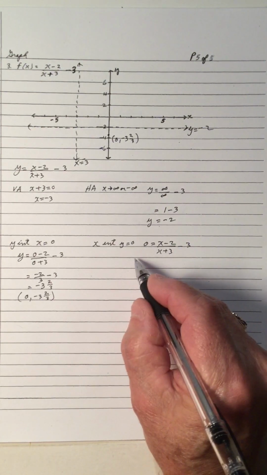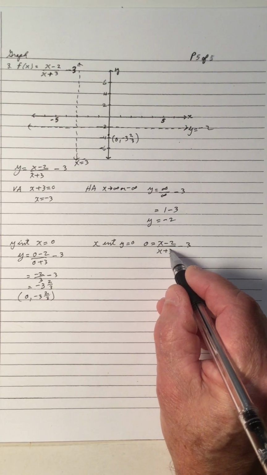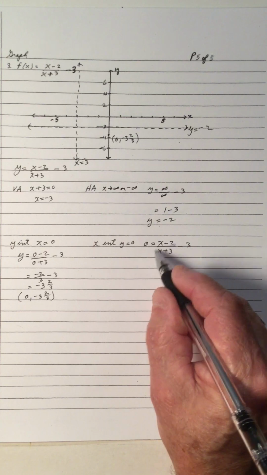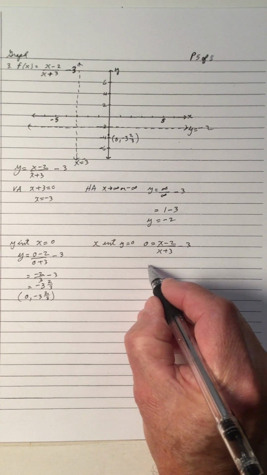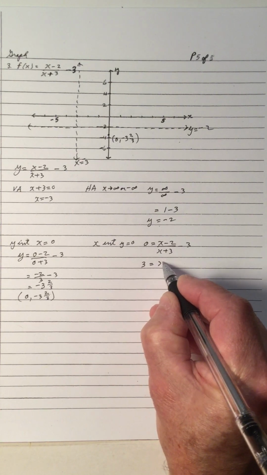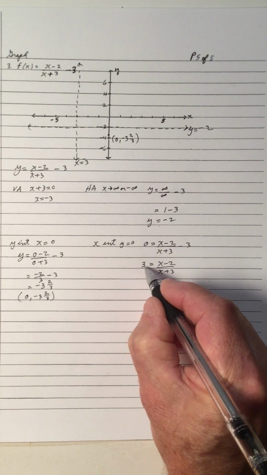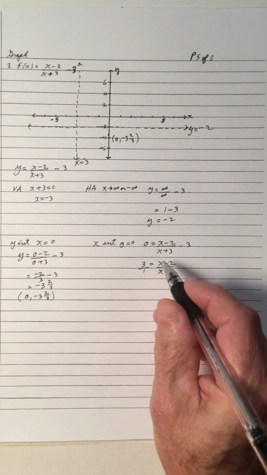I could multiply by x plus 3 because it's a fraction, or I could just take the 3 and move it to the left, make it positive, put it over 1, cross multiply.